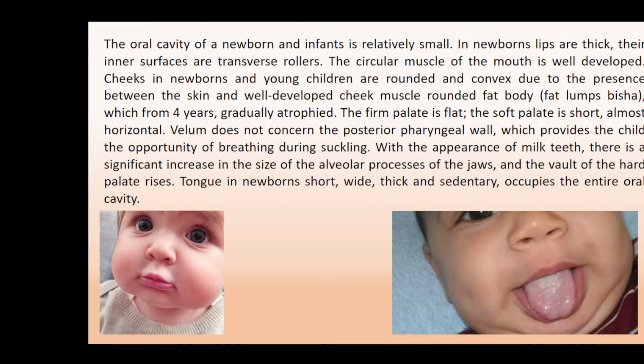With the appearance of milk teeth, there is a significant increase in the size of the alveolar processes of the jaw, and the height of the hard palate rises. The tongue in newborns is short, wide, thick, and sedentary, occupying the entire oral cavity.